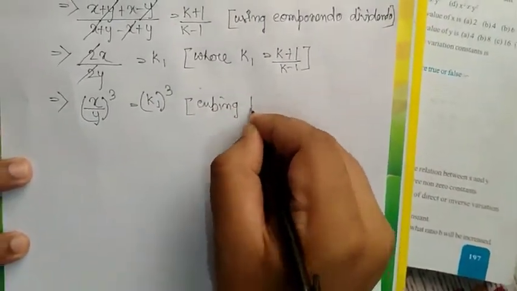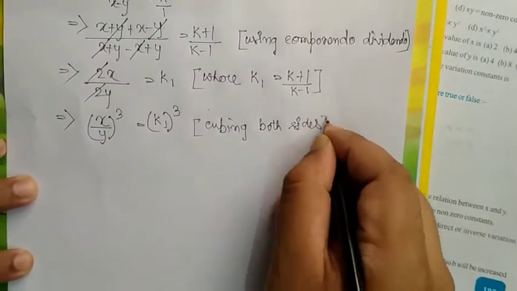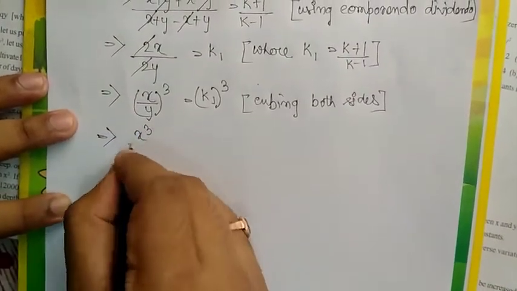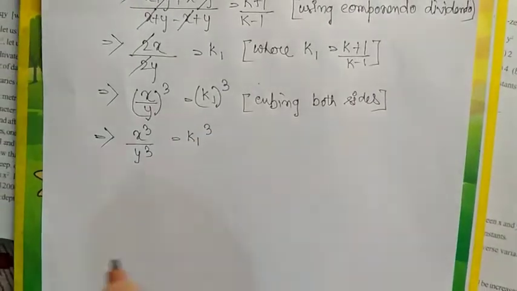Cubing both sides. So this should be x cube and this should be y cube. This should be k1 whole cube.